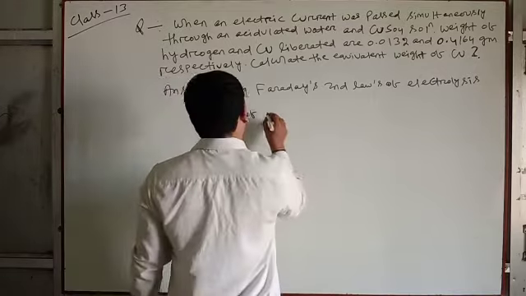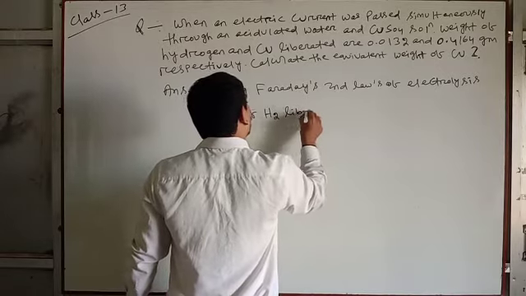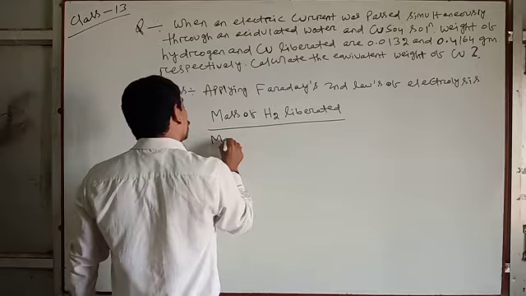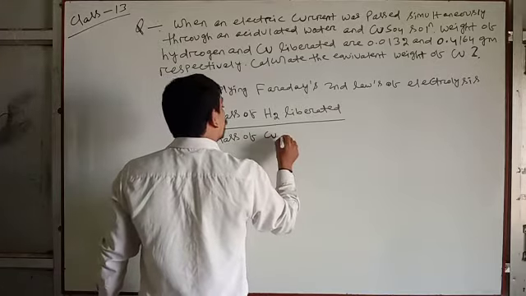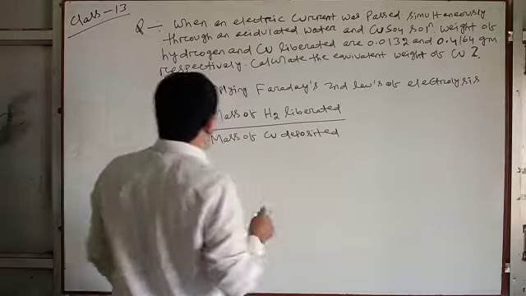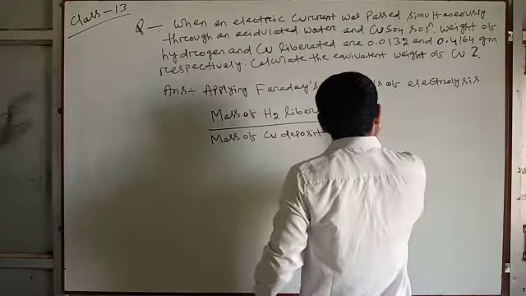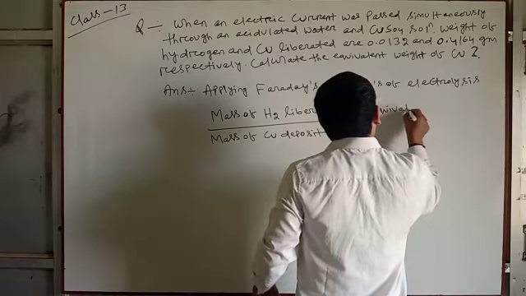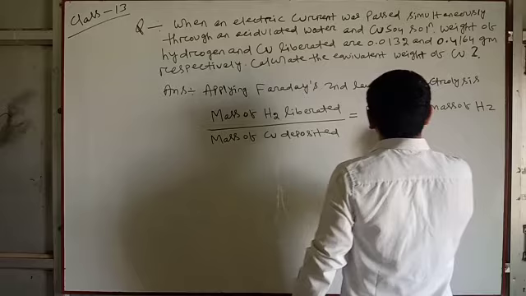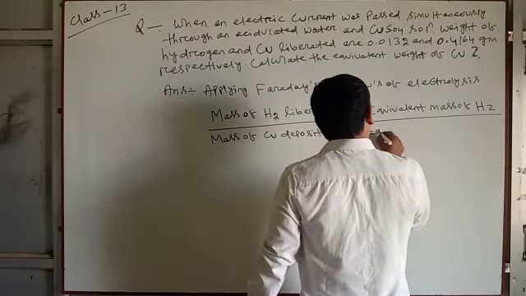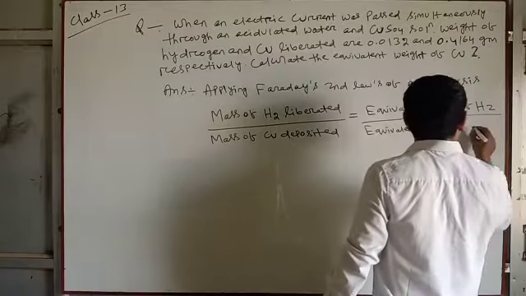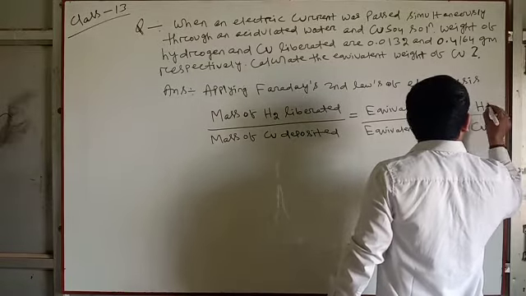Mass of H2 liberated divided by mass of copper deposited equals equivalent mass of H2 divided by equivalent mass of copper.